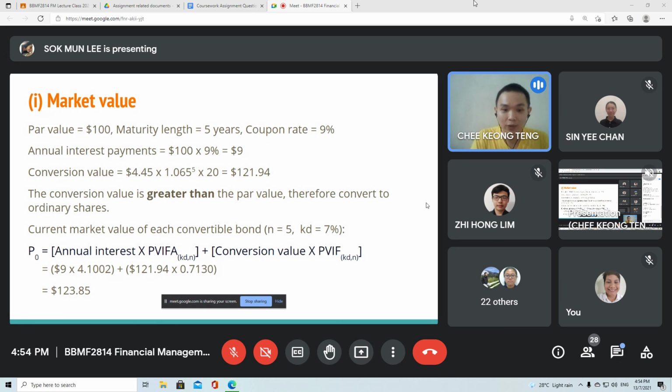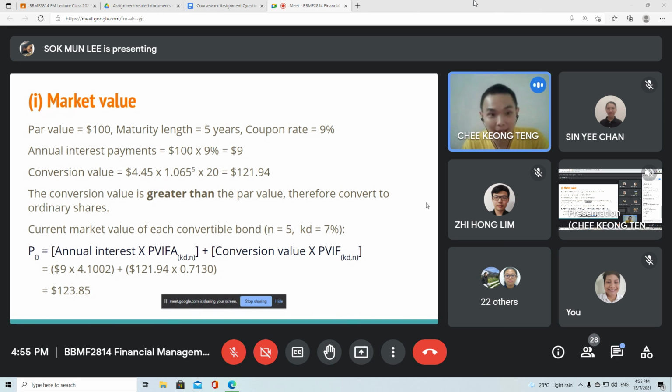So that's why when we calculate, it's based on 121.94. As you can see, the last two lines use 121.94, but not 100, because the conversion value of the shares is more than 100. Definitely, bondholders are not stupid. At the end, they will choose to convert, because the total value of shares is 122, more than 100.